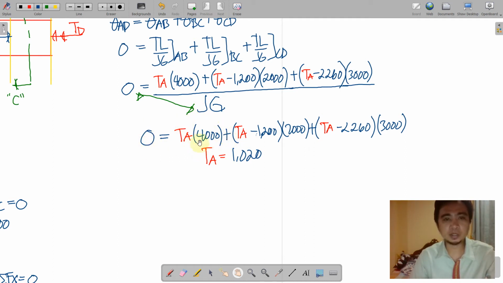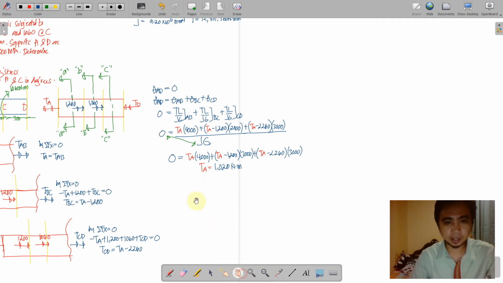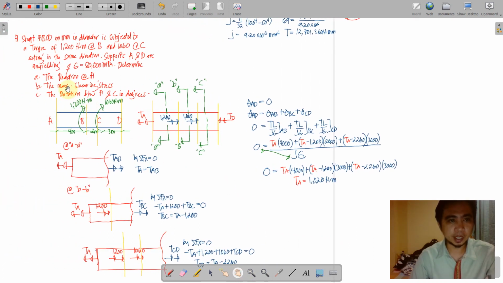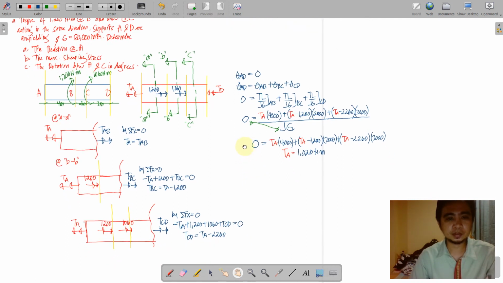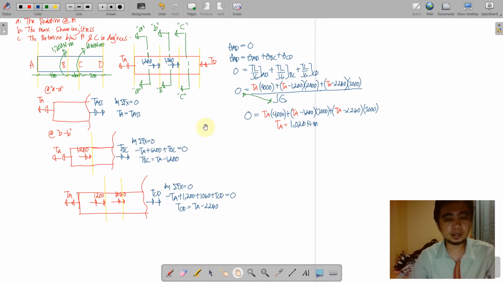What is important is that what you have adopted in the given should be followed. That is Newton meter. So this is actually the first requirement in the problem, the reaction at A. So what about the maximum shearing stress? Of course, we need to investigate what the values of the segments' shear stress are.